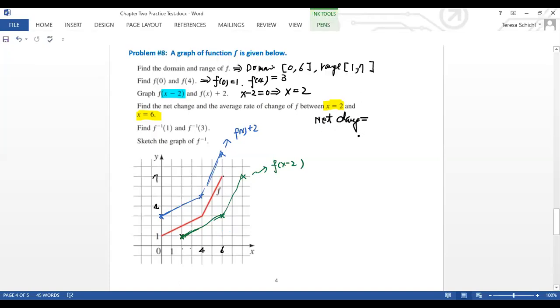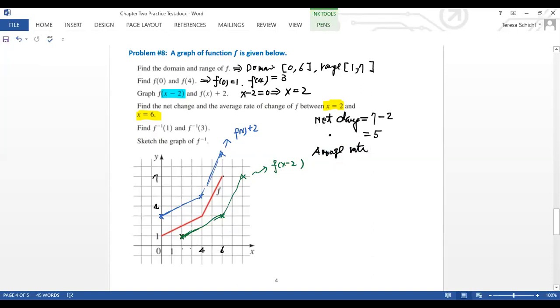Net change is, at x equal to 6, what is the y here? It's 7. Minus x equal to 2, what is the y here? It's 2, right? So it's 7 minus 2. So this is 5.